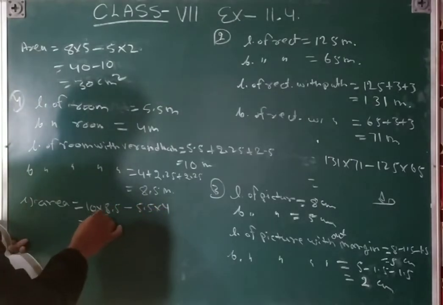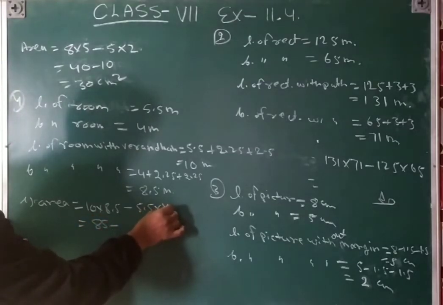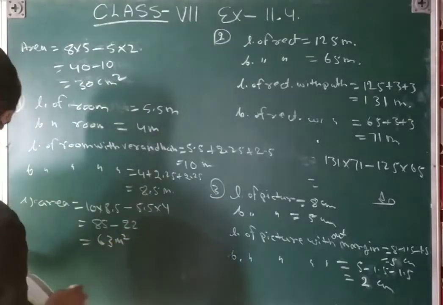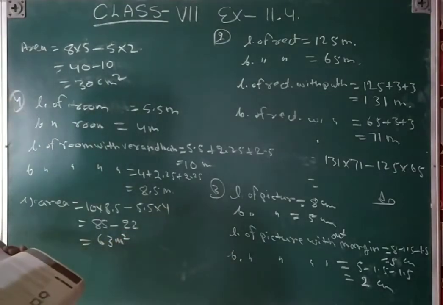So that will be 85 minus 22, that will be 63 meter square.